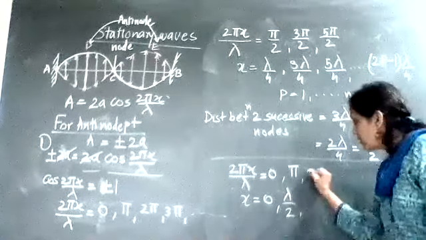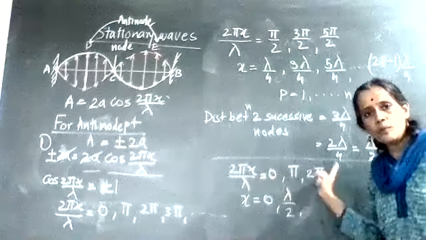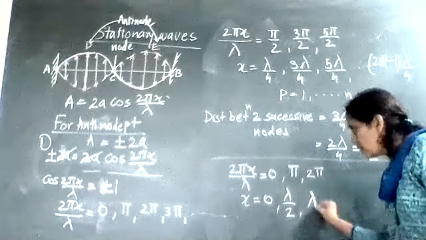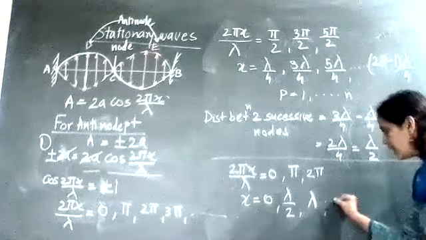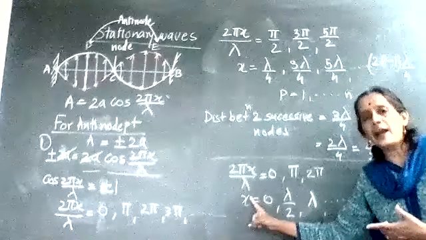Next, if the angle value is 2 pi, from both sides this 2 pi will get cancelled. What remains? x upon lambda is equal to 1, which means x is equal to lambda. In that manner, I can get the distances where I get the antinode.